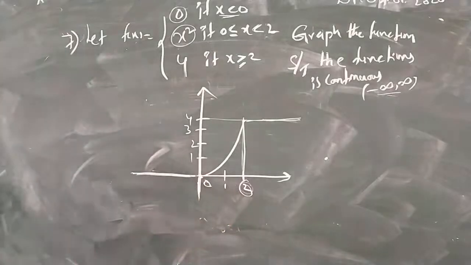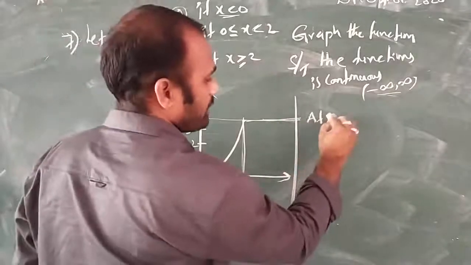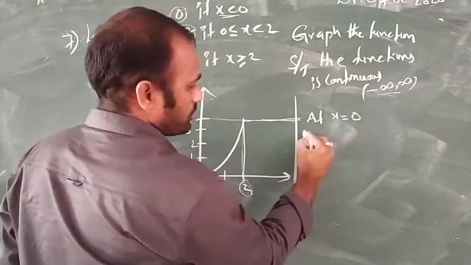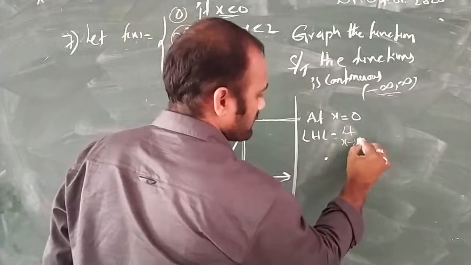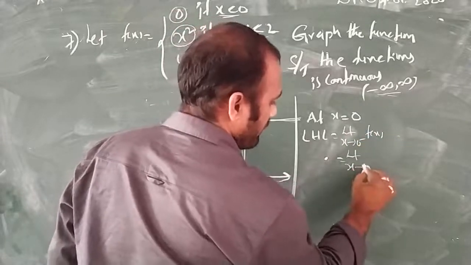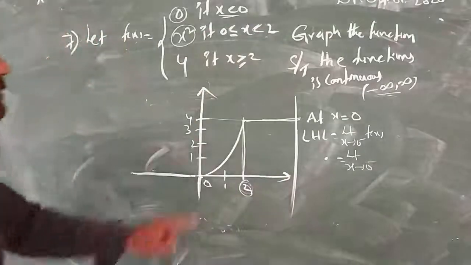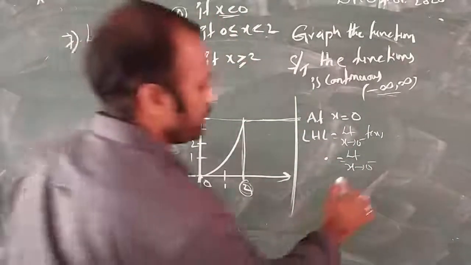So first let us check the continuity at x is equal to 0, and next let us check the continuity at x is equal to 2. At x is equal to 0, the left hand limit, limit x tends to 0 minus f of x. If I take less than 0 values, the answer is 0 only.